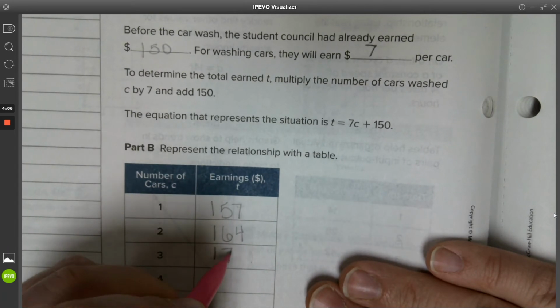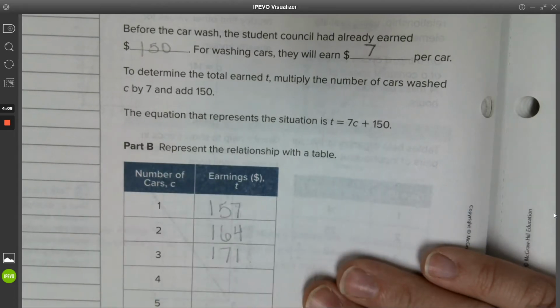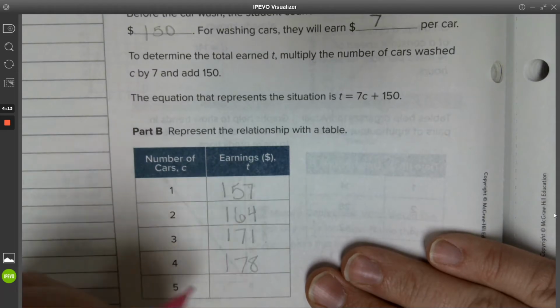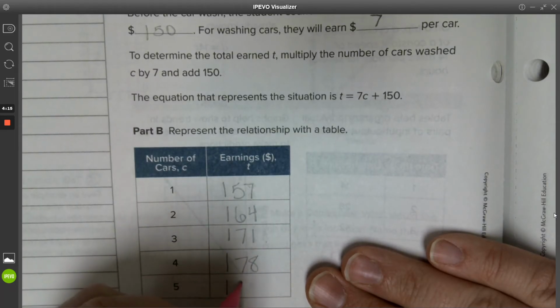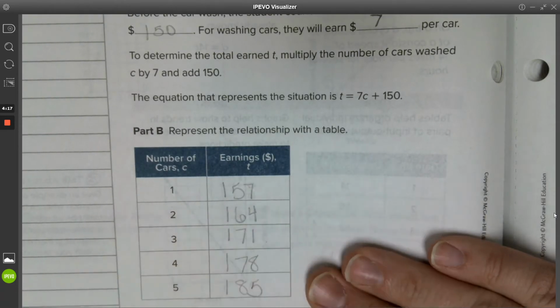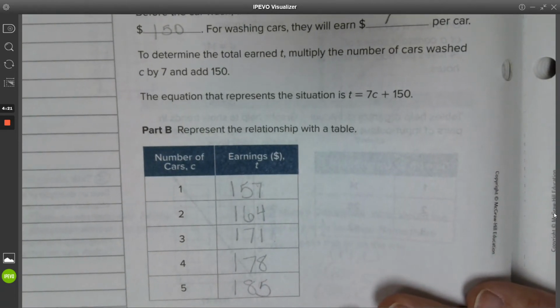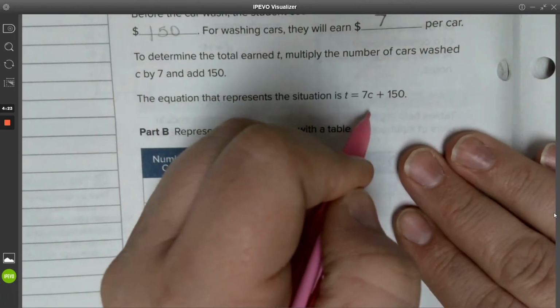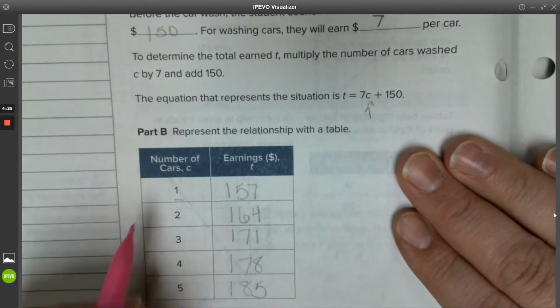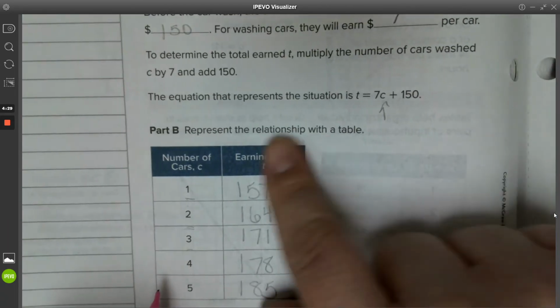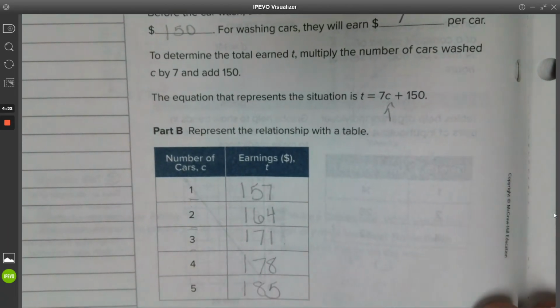Then we would have 171, because remember, we're continuing to increase by 7, and 185. So there would be all of our values for our tables. Remember, all we're doing is we're plugging in the values that we see in the table for C and then solving our equation to get the total earnings.